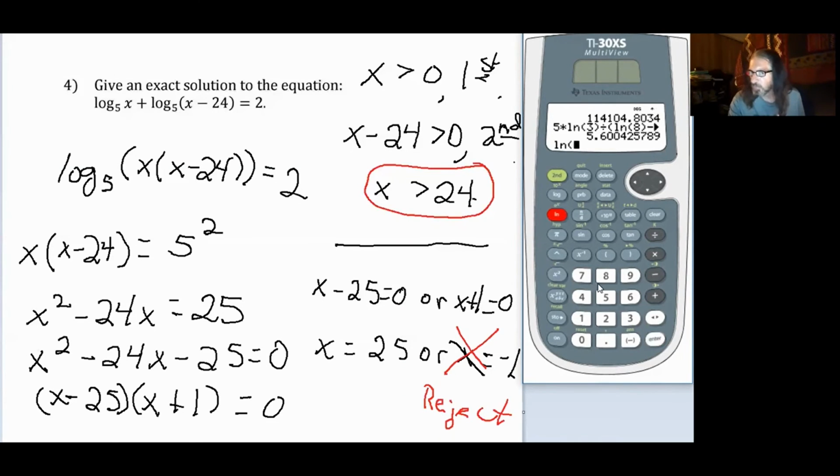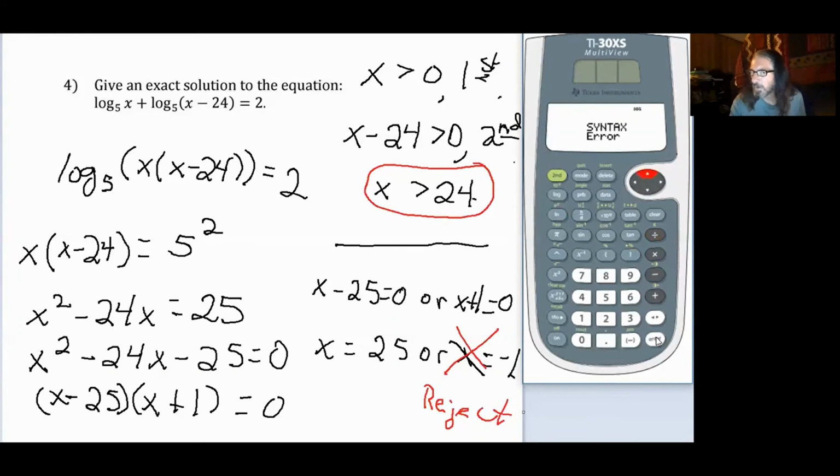Natural log of 25 divided by the natural log of the old base of 5, plus, well, 25 minus 24. You can actually put this in the parentheses, but that's going to be 1. And hopefully you already know that the logarithm of 1 in any acceptable base is going to be 0. But log of 1 in base 5, you change your base, type it in this way. Got them added together, you get 2.